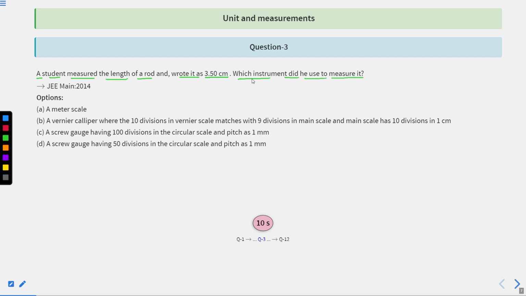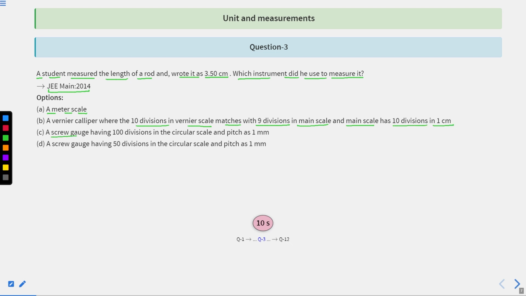This question was in JEE Main 2014. A meter scale. First option is a vernier caliper where 10 divisions in vernier scale match with 9 divisions in main scale, and the main scale has 10 divisions in 1 centimeter.